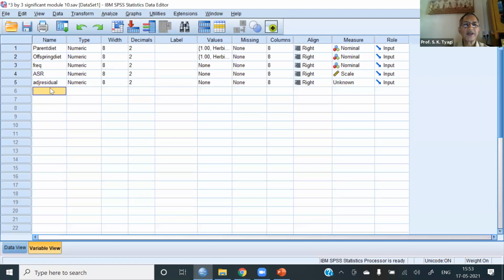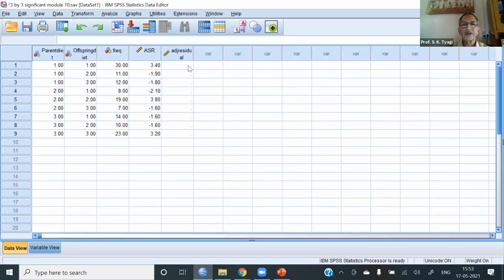This is the variable I want to create, and now here I type 3.4, then minus 1.9. These are the values of the adjusted standardized residual. Then minus 1.8, and so on up to this place. We can write all these 9 values.